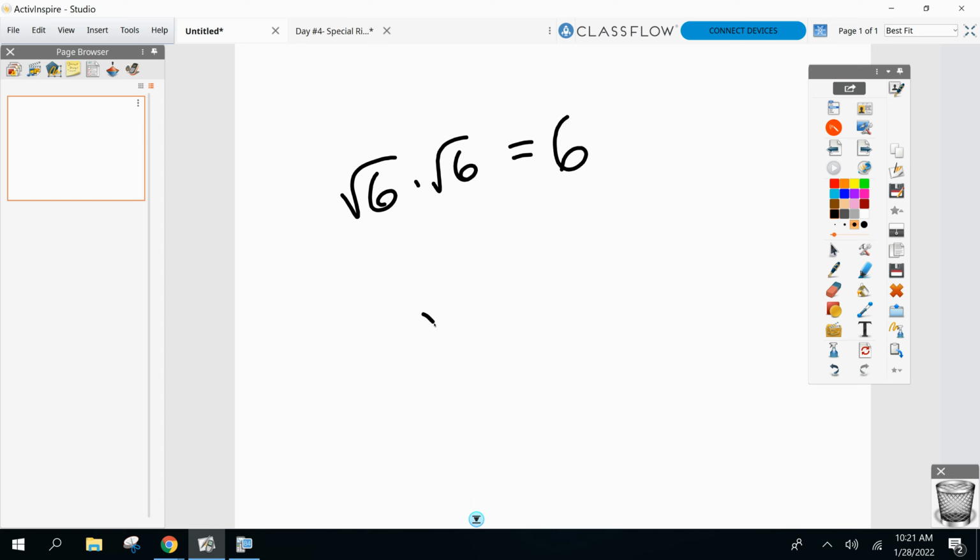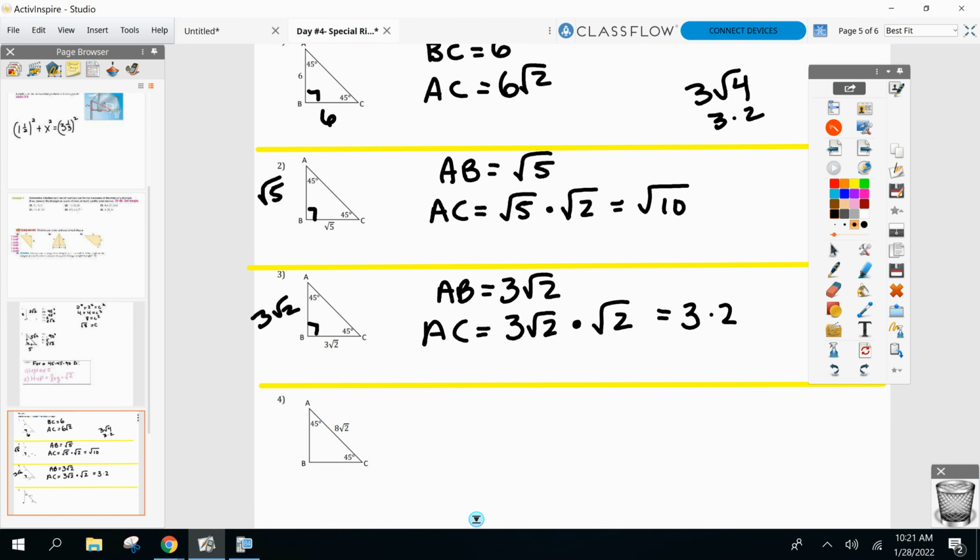What happens with the squared and the radical? They cancel. That's where it comes from. So anytime you multiply a radical by itself, it's the number underneath. So my hypotenuse here will be length of 6.